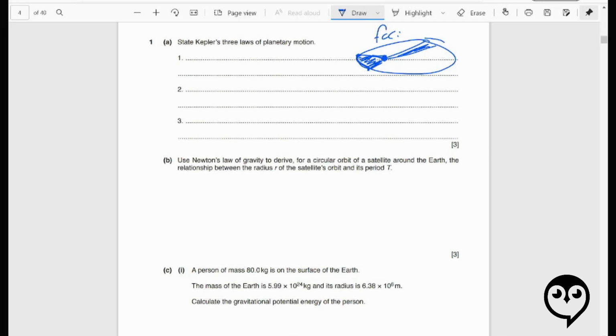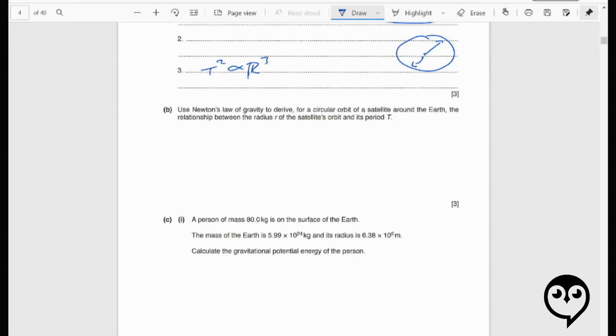But the areas are equal. And then the last bit is that the square of the period is proportional to the radius cubed. Now the radius can be, if it's close to being a circle, its average distance, its average radius, or we talk about the semi-major axis usually when it's an ellipse.